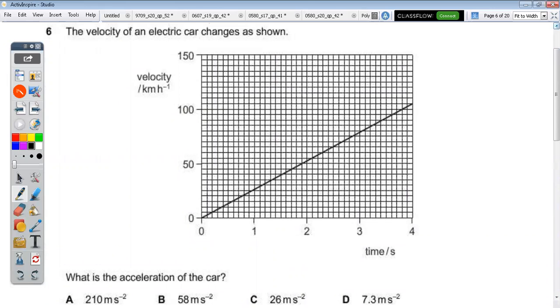Calculate it. 100. Then it goes down to. It would be C. No, sorry, not C.